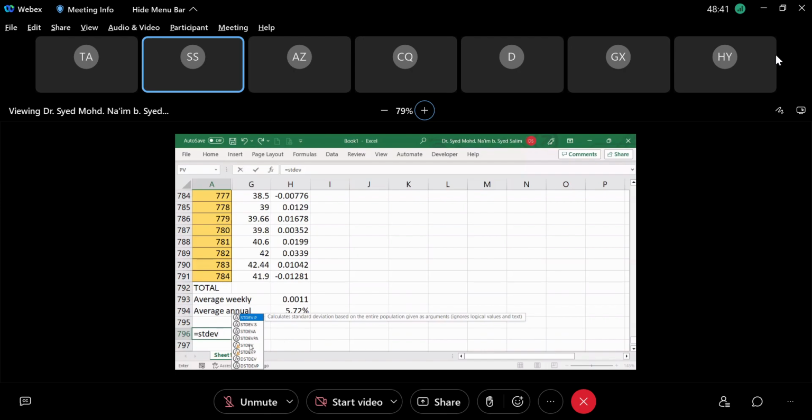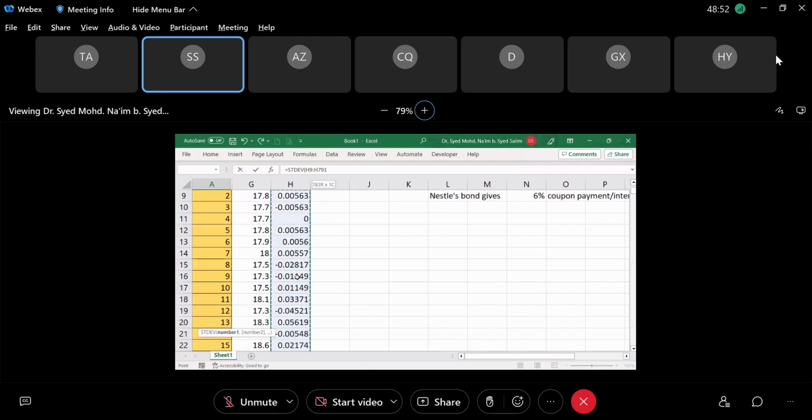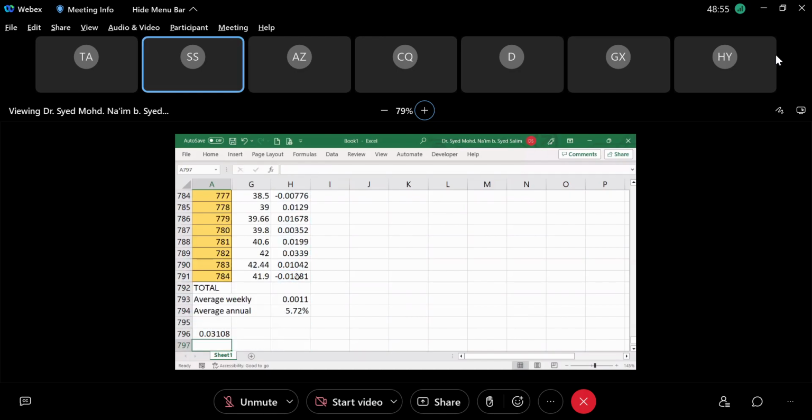Just double click that, and close bracket. This is STDEV. Are we done here? Not yet. Why? Because this is based on weekly observation. So this is the weekly standard deviation.